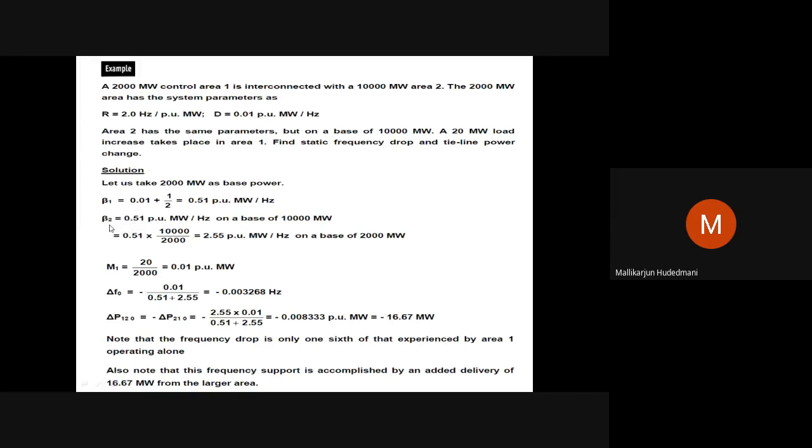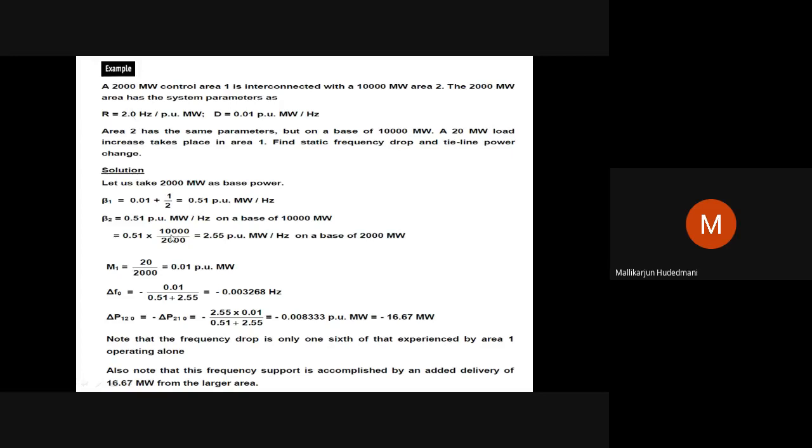Now, when you want to convert them to beta 2's representation, what is said? Area 2 has the same parameter, but on the base of 10,000. Then there is a shifting of base. So this shall not be forgotten. So what exactly is beta 2 now? Beta 2 is the same as beta 1, but beta 1 is referred to the base of 2000.